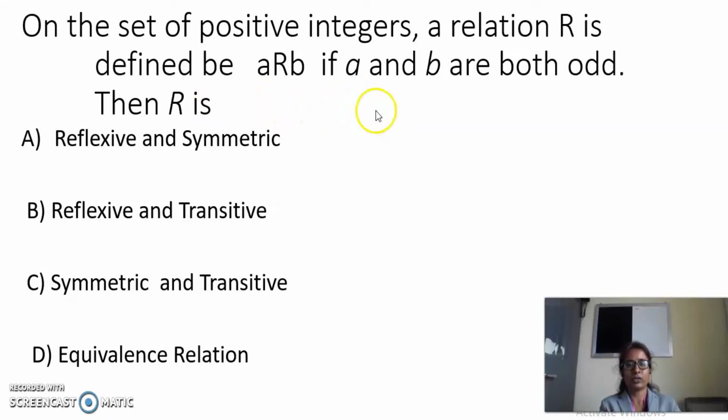For every ordered pair of the form AB and BC present in R, check whether AC belongs to R. AB in R means A and B are odd. BC in R means B and C both are odd. So A and C obviously are odd, so the relation is transitive. So how is this relation? Not reflexive, but symmetric and transitive. So if you go to the options, it is C, symmetric and transitive.